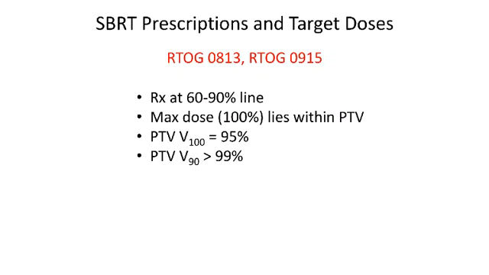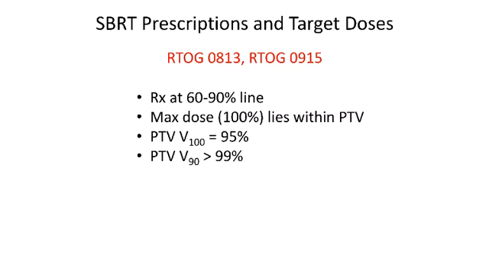Their prescriptions are set differently. And here are some parameters that are drawn from some cooperative group protocols. Number one, you'll see the prescription isodose line is at a relatively low percentage, 60 to 90%. And again, that translates into a hotspot inside the PTV. The max dose should lie within the PTV. That's important.